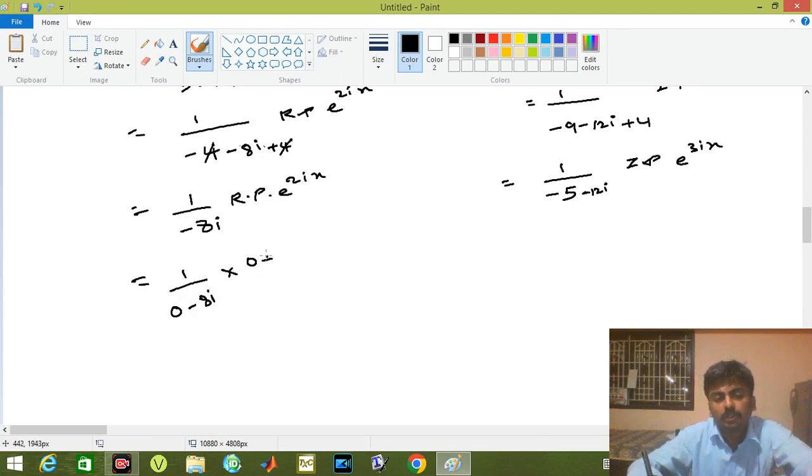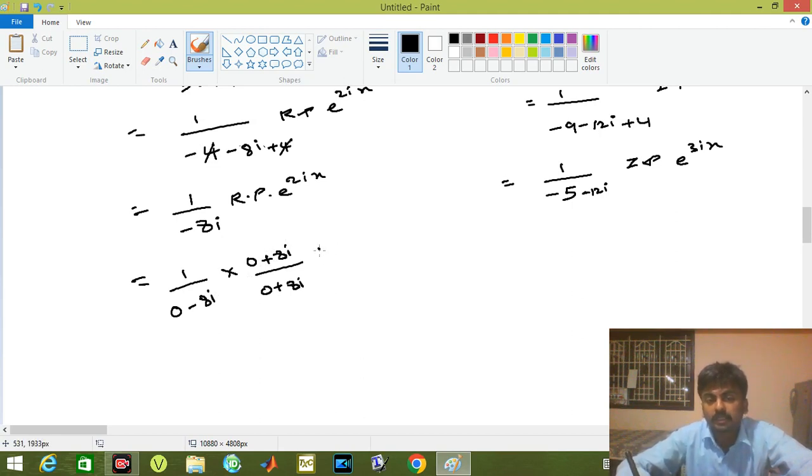So we will get 0 plus 8i divided by 0 plus 8i. You are not supposed to take minus to the numerator, because then this will become plus, and if the denominator becomes plus you will multiply the conjugate by minus and minus. The meaning may vary, and you may sometimes get a wrong answer.